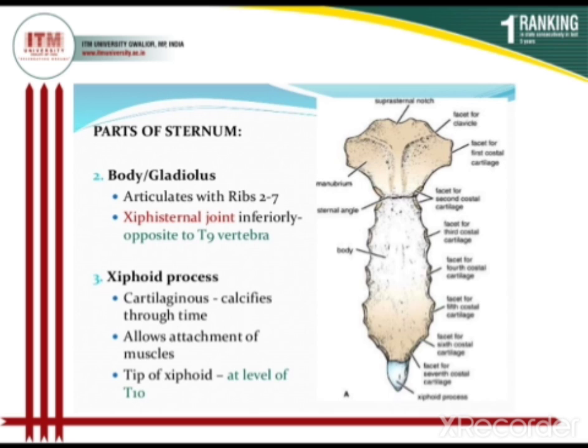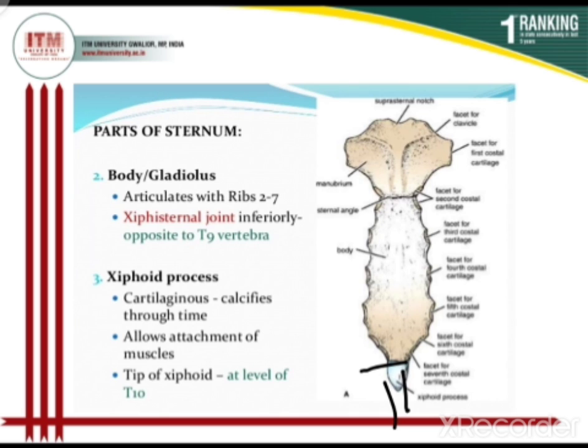Here at the end you can see the xiphisternum, and this is the xiphoid process. It is cartilaginous, calcifies with time, and allows attachment of muscles. The tip of the xiphoid process is at the level of T10.